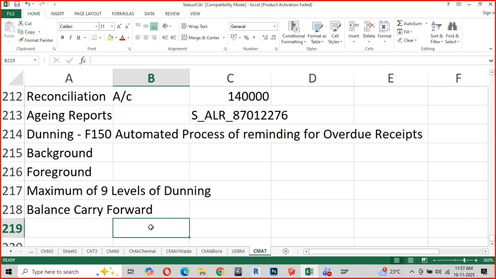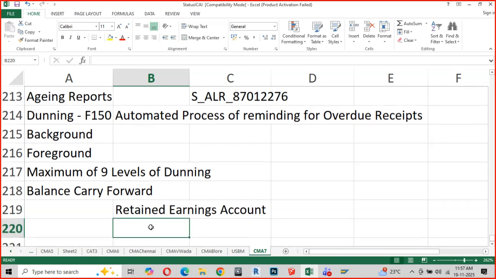It is called the retained earnings account. So this retained earnings account carries forward the balances of the profit and loss accounts. You recall what is a profit and loss account?